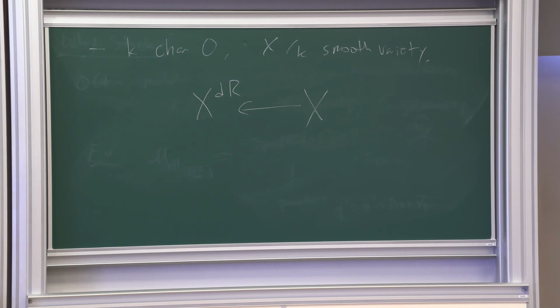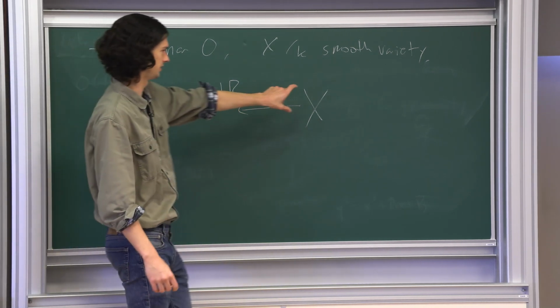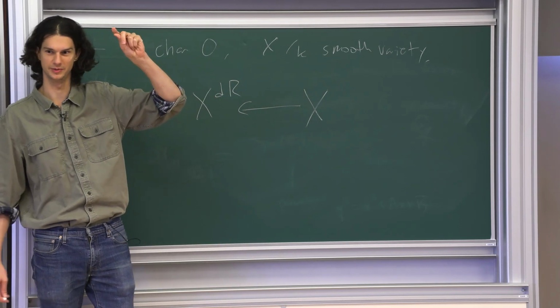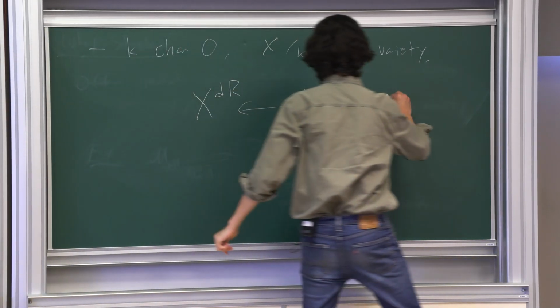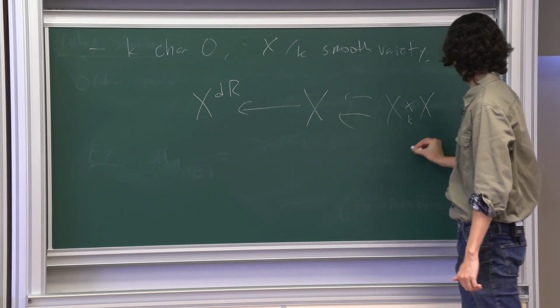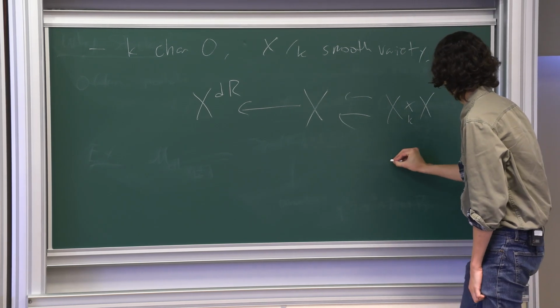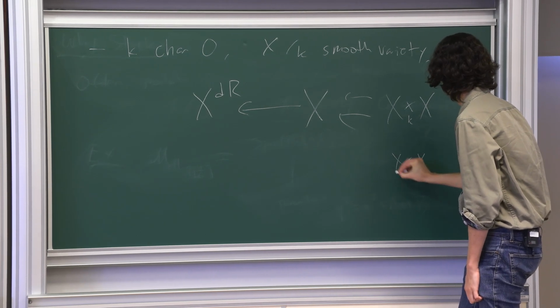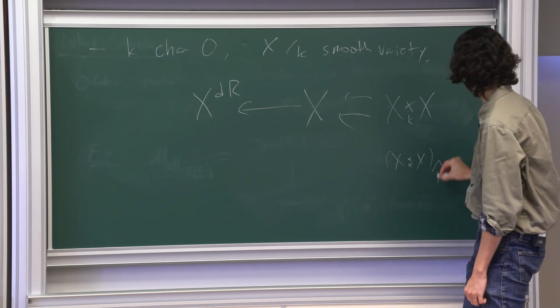The equivalence relation identifies two points if they're infinitesimally close to each other. Equivalence relations are supposed to live in the product, and what you do is you take this product and you formally complete along the diagonal.